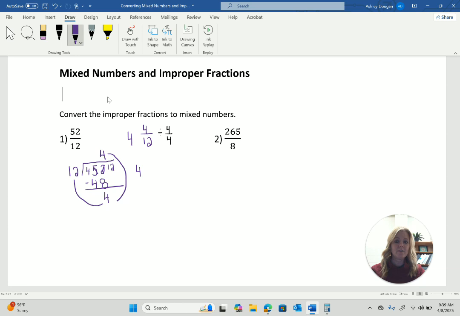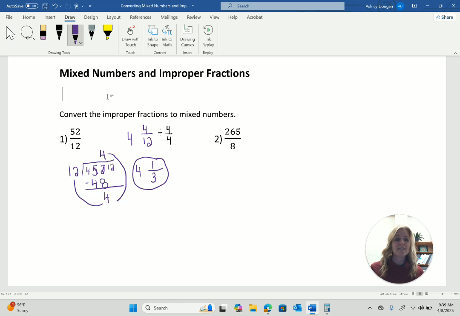I'm not reducing anything by the whole number, just the fraction. So 4 divided by 4 is 1, and 12 divided by 4 is 3. And we get 4 1/3. I could say I had 4 1/3 of something, or I could say I had 52/12, and I would have the same amount, right? It just depends on what you're doing, which one would make more sense.